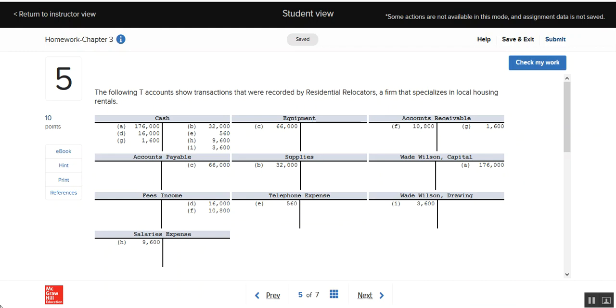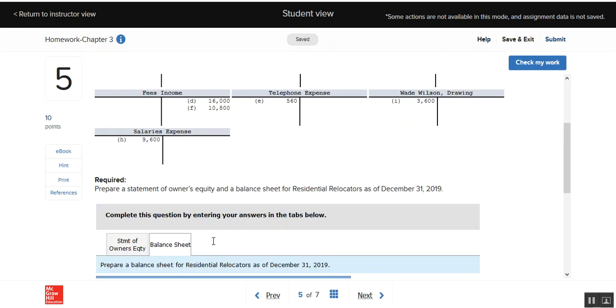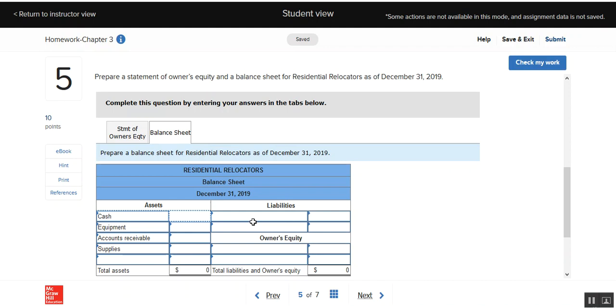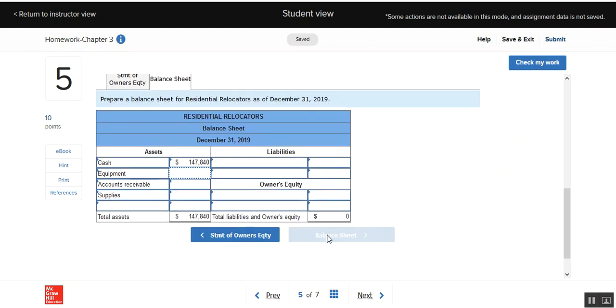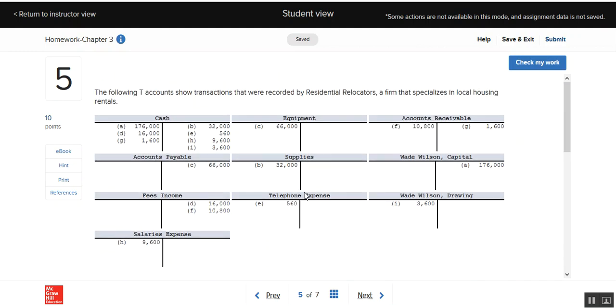And it looks like my cash balance is $147,840. It should go on the big side, which is the left. Down here, there's really not a side. It's just a column. So, all right, equipment, $66,000. Accounts receivable.